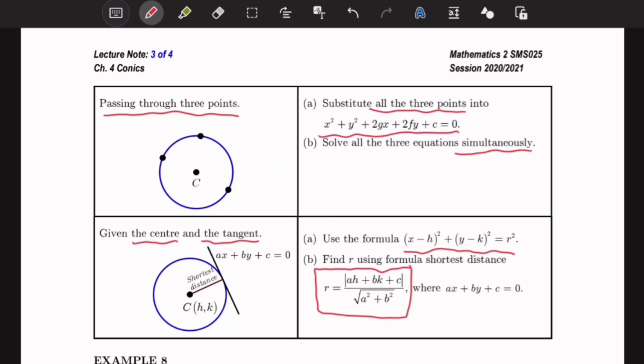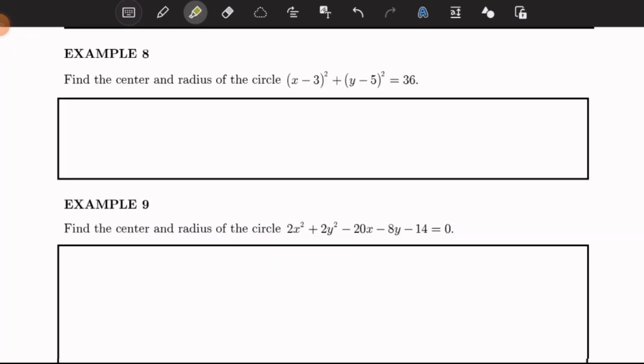So let's take a look at the examples. Example 8. Find the center and radius of the circle with the equation (x minus 3) squared plus (y minus 5) squared equals 36. Basically, we are going to compare to the standard equation of a circle, which is (x minus h) squared plus (y minus k) squared equals r squared.